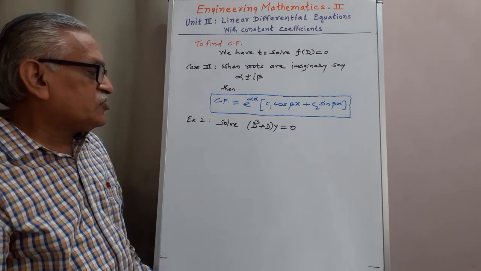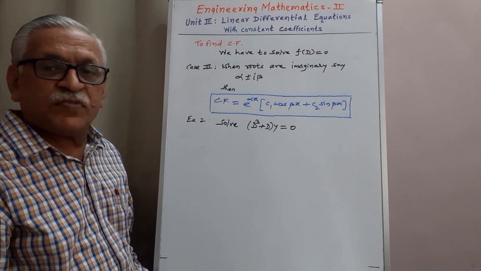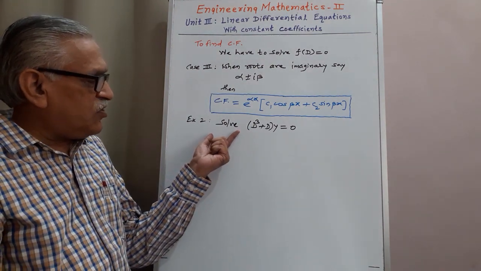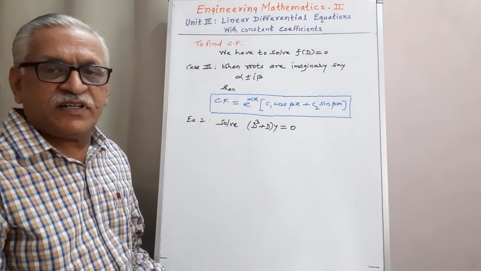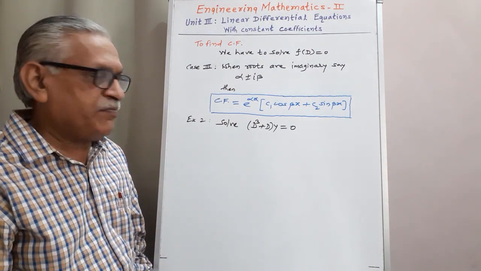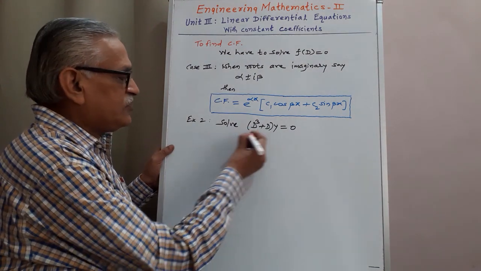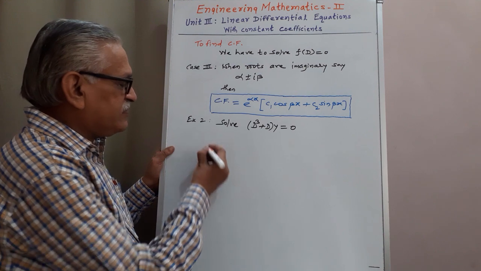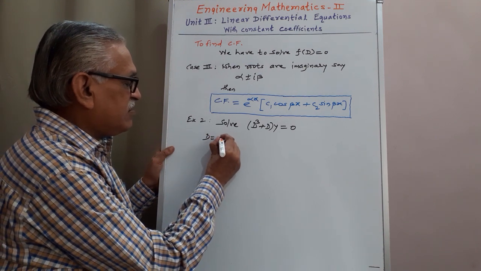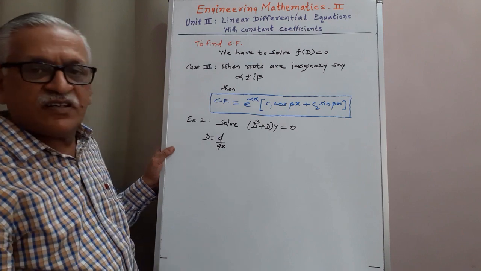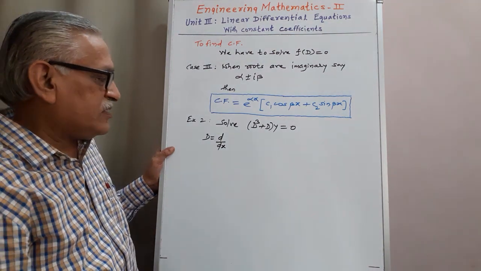Next example, solve (D cube plus D) into y is equal to 0. As we are required to obtain the solution, we have to obtain both the parts, the complementary function as well as the particular integral. The given equation is a cubic equation with y as the dependent variable and capital D standing for the operator d by dx, meaning x is the independent variable.